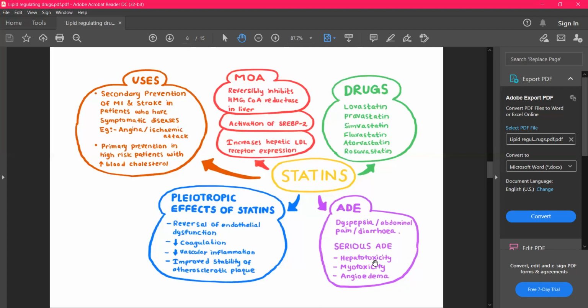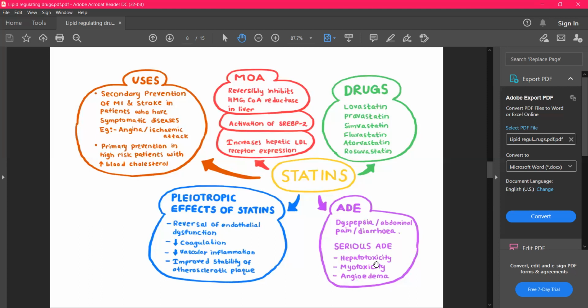And of course angioedema, right? Extra ones: they can increase the effect of warfarin, so better to check your INR before initiating statin therapy. And statins are of course contraindicated in pregnancy, lactation, and acute liver disease.